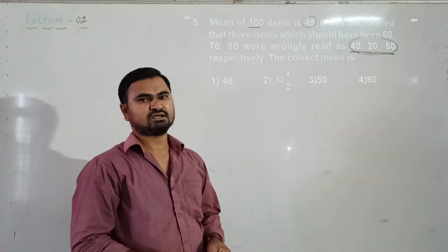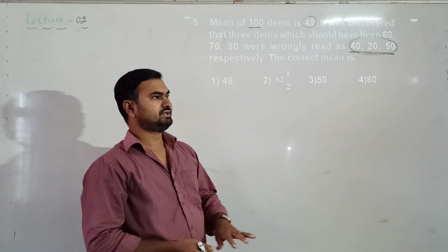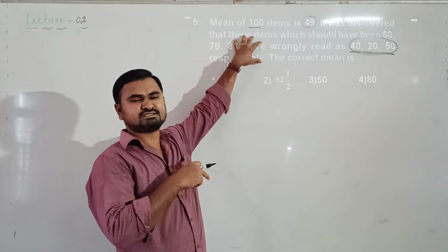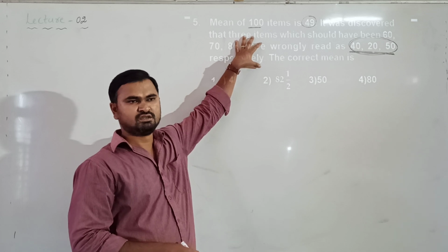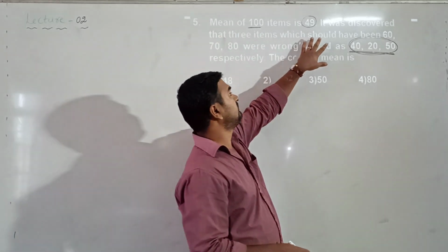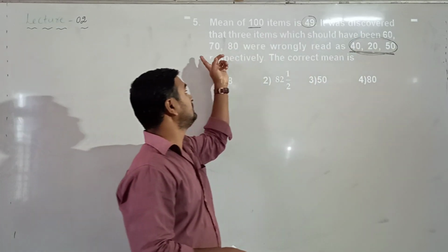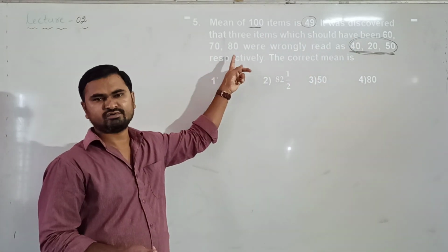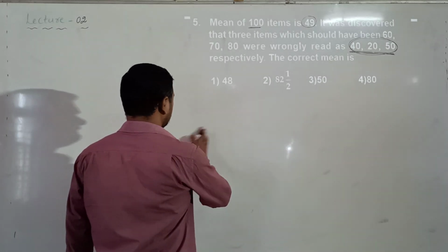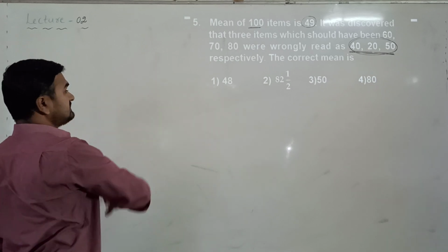Now for finding the correct mean, we should know the values of all the remaining 97 correct values. If you know the 97 correct values, and here we are given the 3 correct values 60, 70 and 80, then we can find what is the correct mean. So what we do is, let us take the 97 observations.